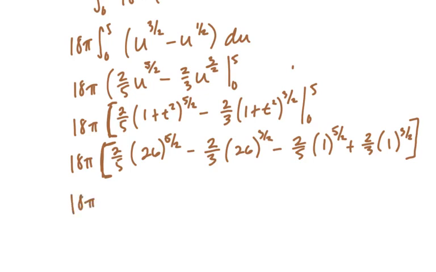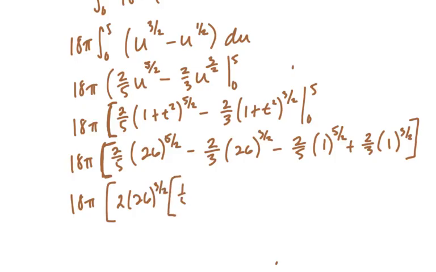Now, a decimal would probably be the way most of you go, but I think we usually head with exact answers. So let's factor out of these first two terms, let's factor 2 and 26 to the 3/2.